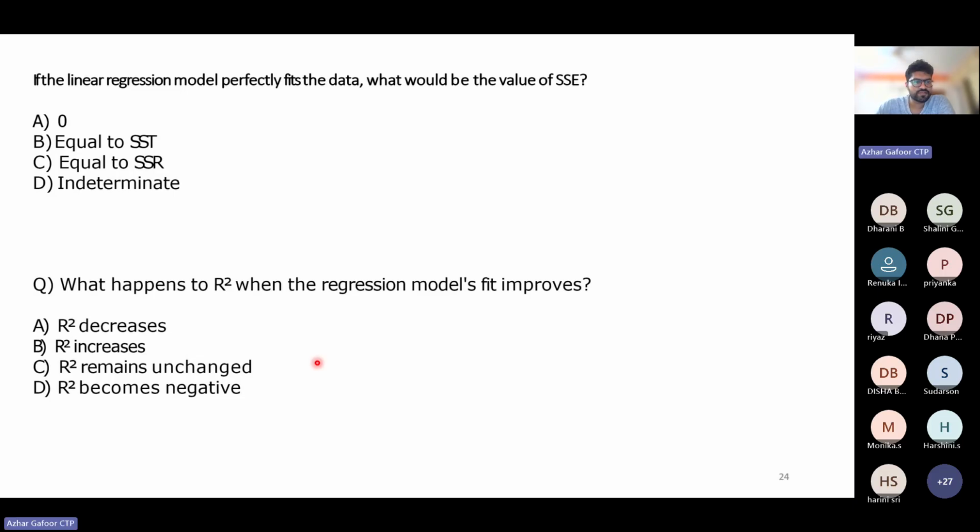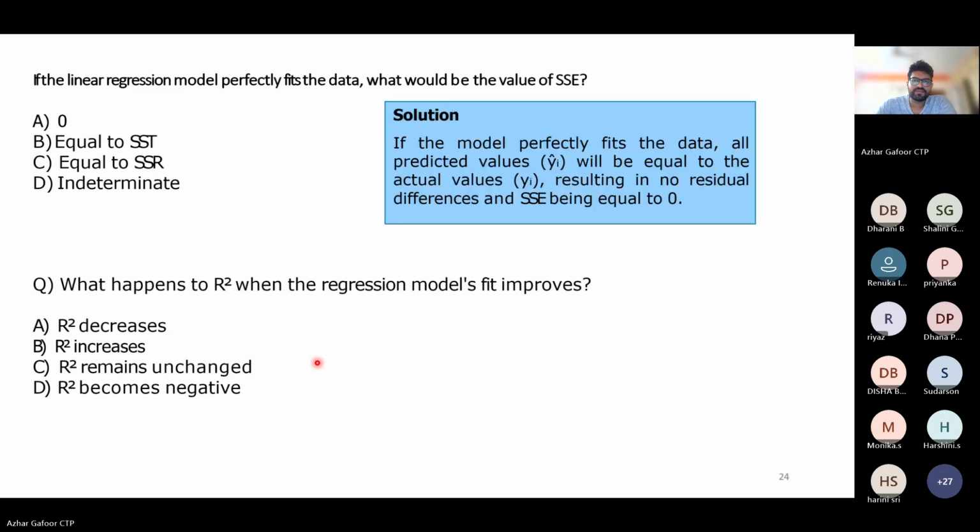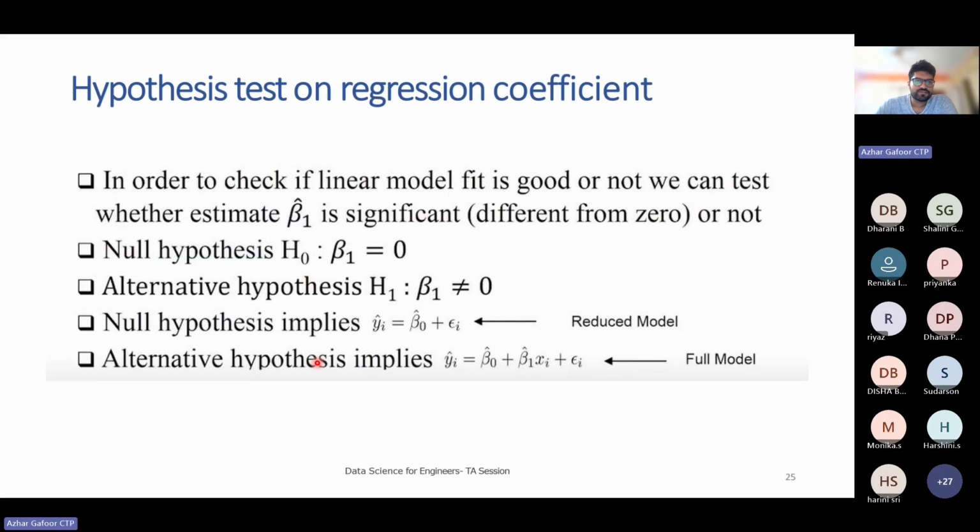R square decreases, increases, or remains unchanged? What is the answer? R square should improve, right?